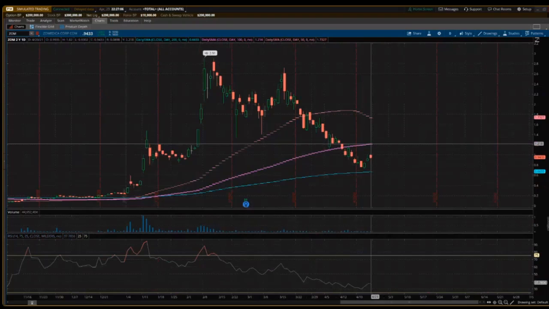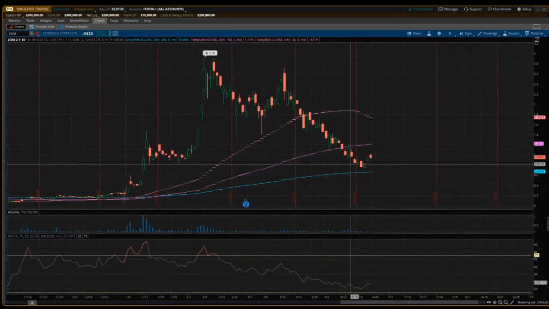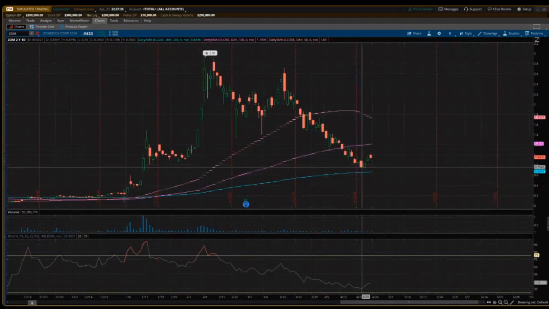The purple line is the 100-day. So over the last 100 days, the average price is 121 cents. And over the last 50 days, the average price is 172 cents. The 200-day SMA is something that you look at for long-term view. So it's pretty positive that it came down pretty close here and bounced off.